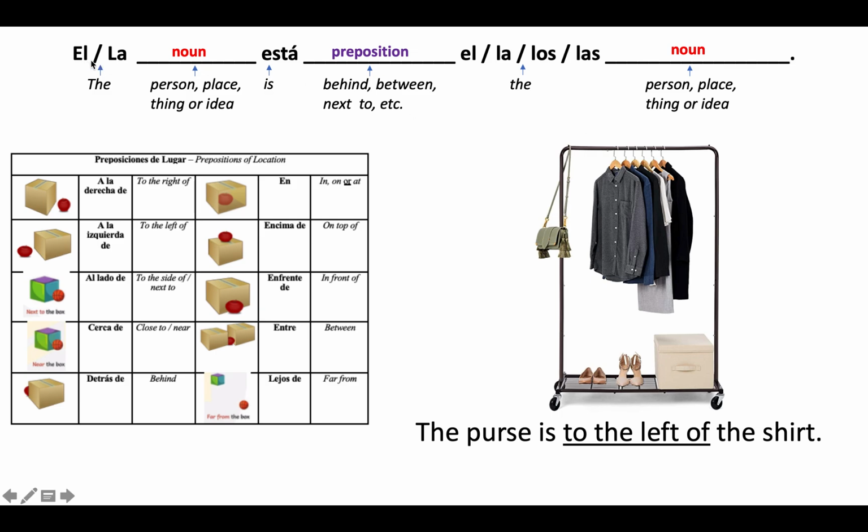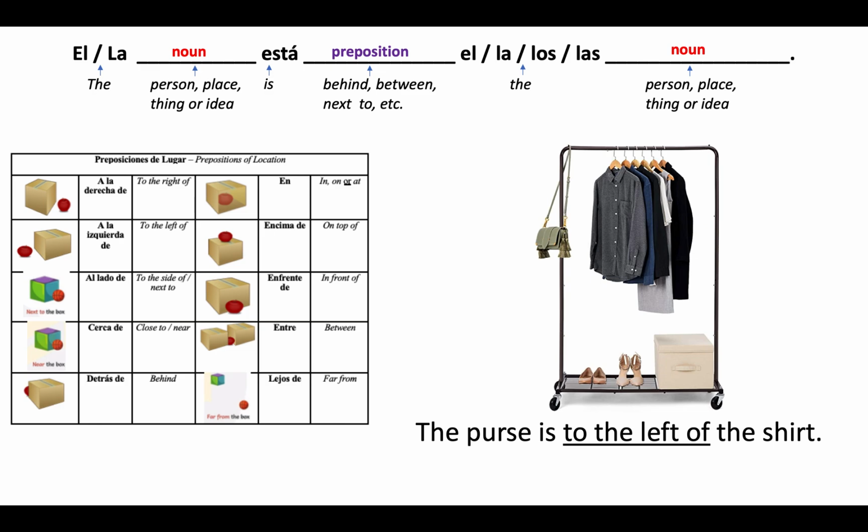Again, starting with el or la for the Spanish word for a noun, the word is, which in this case is está, a prepositional phrase, another version or another word for the, el, la, los, or las, and then the last part will be another noun. So here, if we look at the picture, if we wanted to describe where the purse was located to someone, we might say something like, the purse is to the left of the shirt.